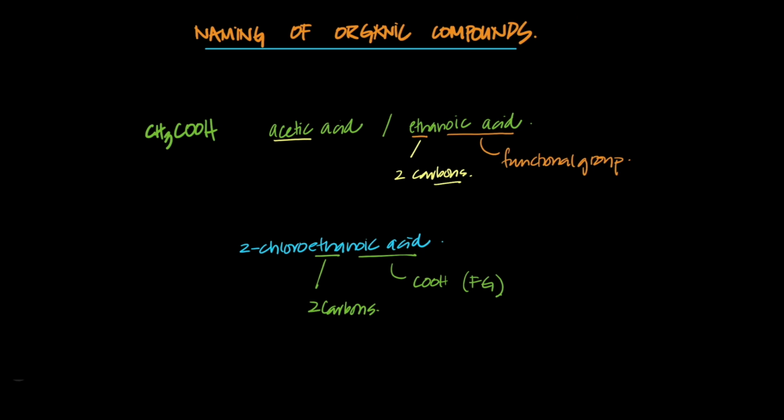And now we have something else before it. It says 2-chloro, which you will realize right now, and if you don't know it, I will explain it to you, don't worry. I'm just giving the final thing: this tells you there's a chlorine, and the 2 is the position of the chlorine relative to the FG. What is FG? FG stands for functional group.